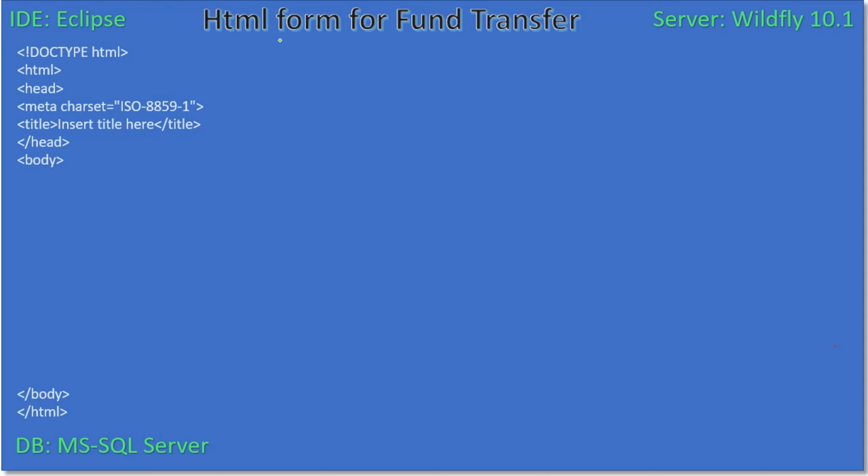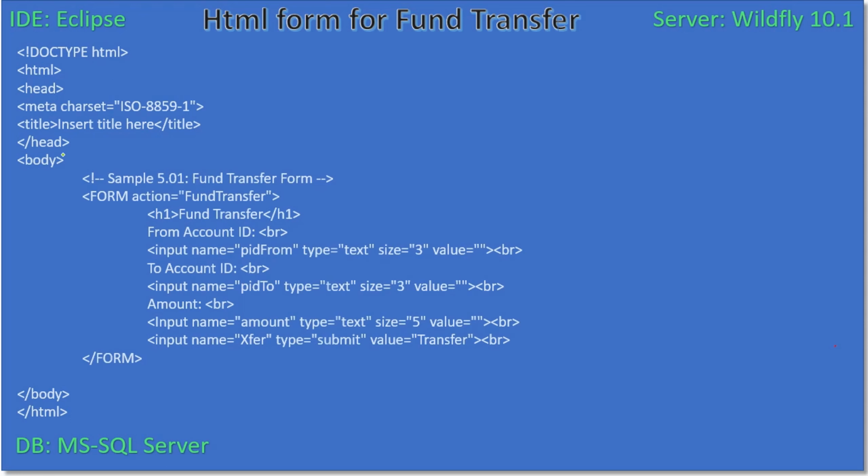First we will create an HTML form for fund transfer, and this is just a normal HTML page. Inside the body we are creating a form, and the action takes place in the fund transfer servlet. Here we have two static fields. One denotes from account ID and another denotes to account ID.